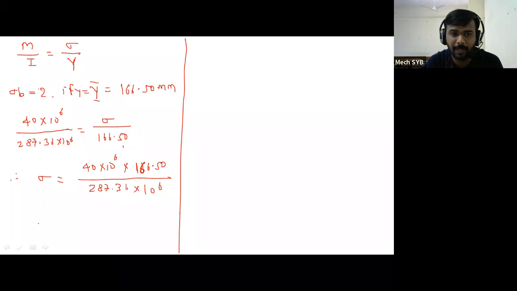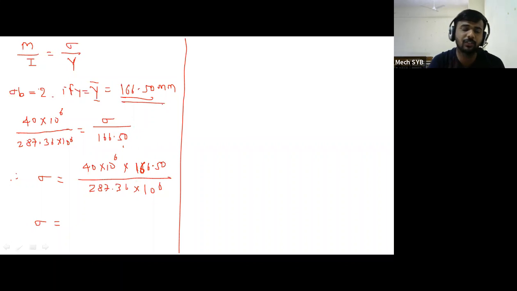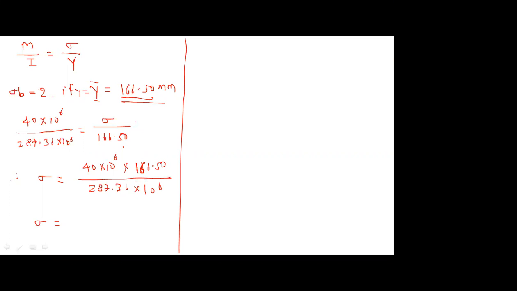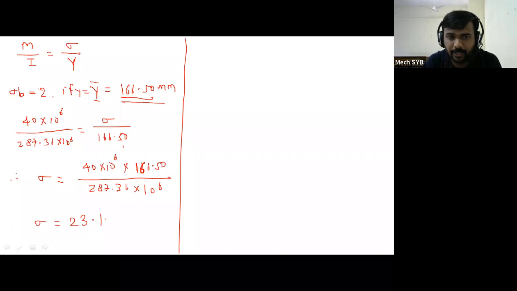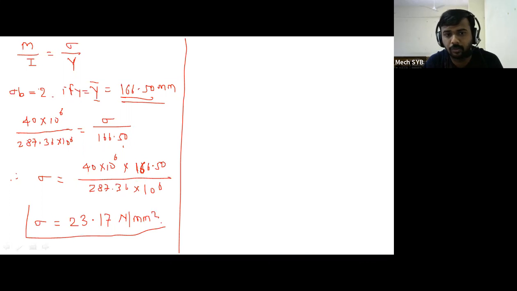So what will be the sigma if y bar is equal to 166.50? Do the calculation. 23.17. Yes. 23.17 Newton per mm square. So this will be the first bending stress.